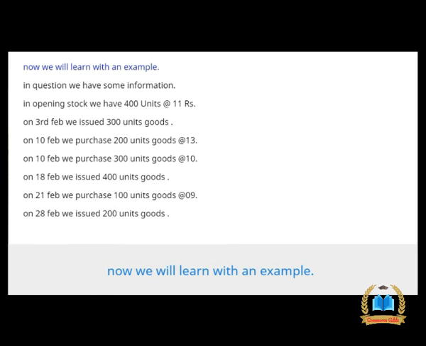Now we will learn with an example. In the question we have some information. In opening stock we have 400 units at 11 Rs. On February 3rd we issued 300 units of goods. On February 10th we purchased 200 units of goods at 13.